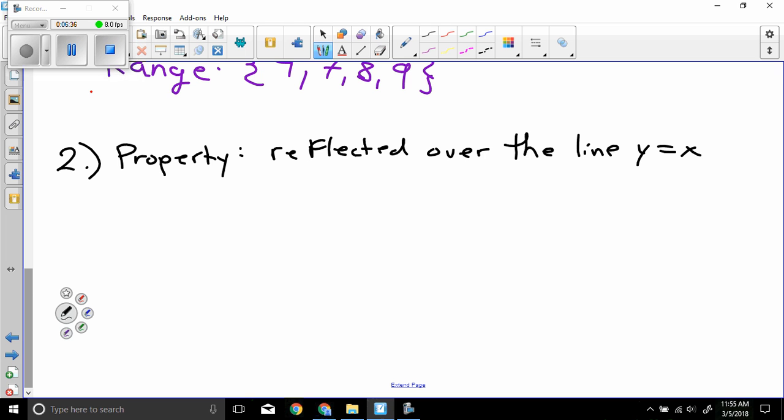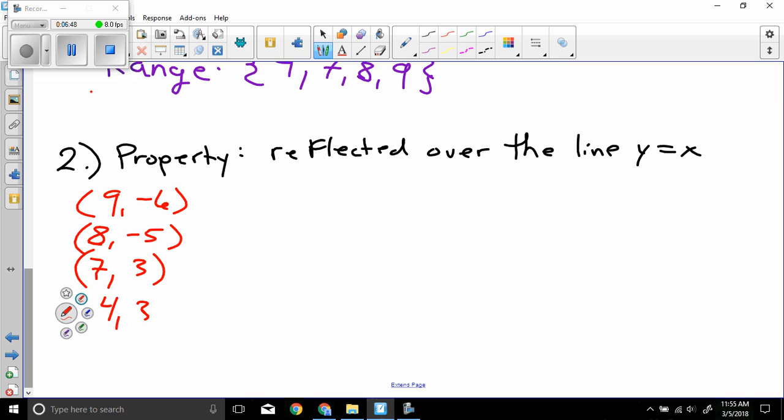All right, my original points, we just had them: (9, -6), (8, -5), (7, 3), (4, 3). Let's see if we can graph it.